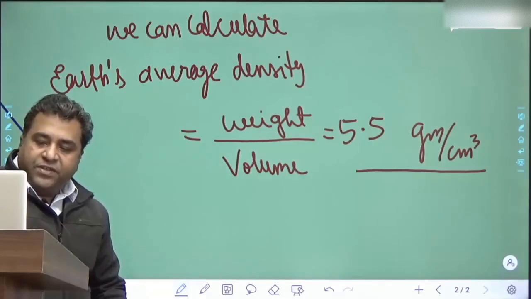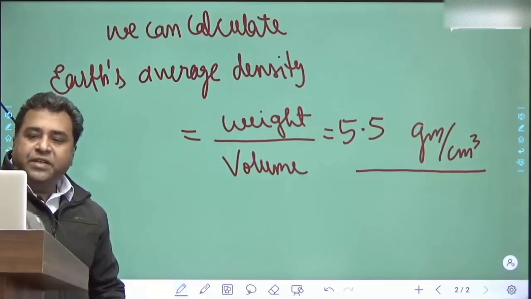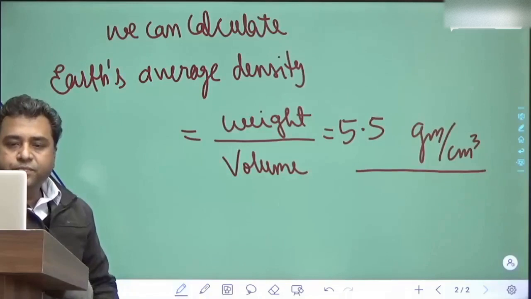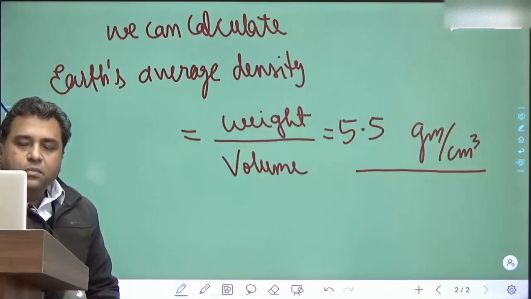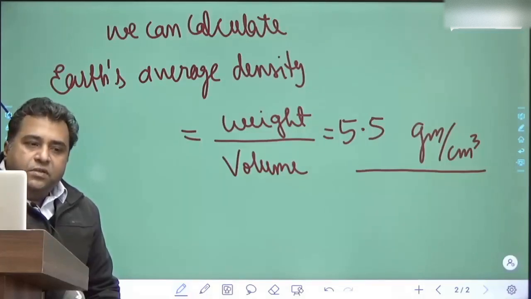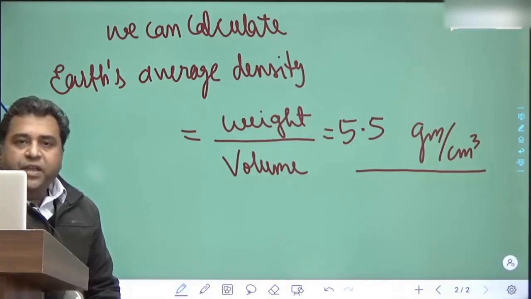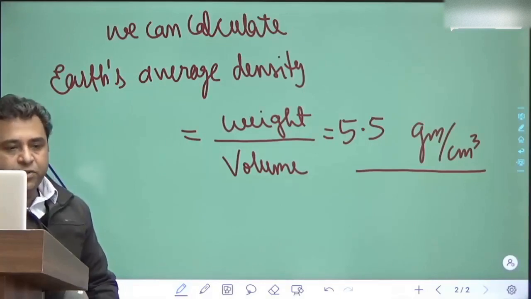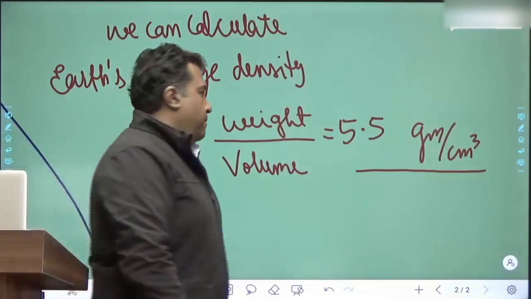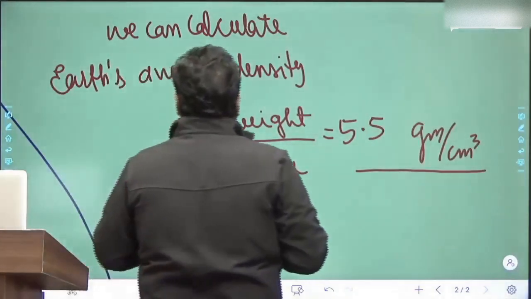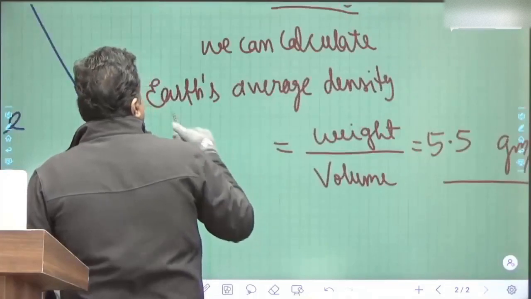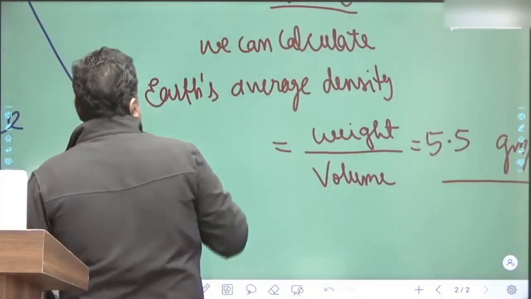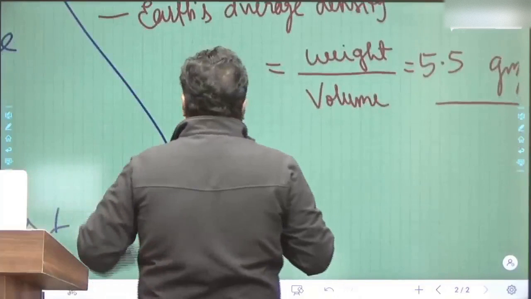So from this average, we have been able to calculate the density around the center of the Earth, which should be around 13 grams per centimeter cube.